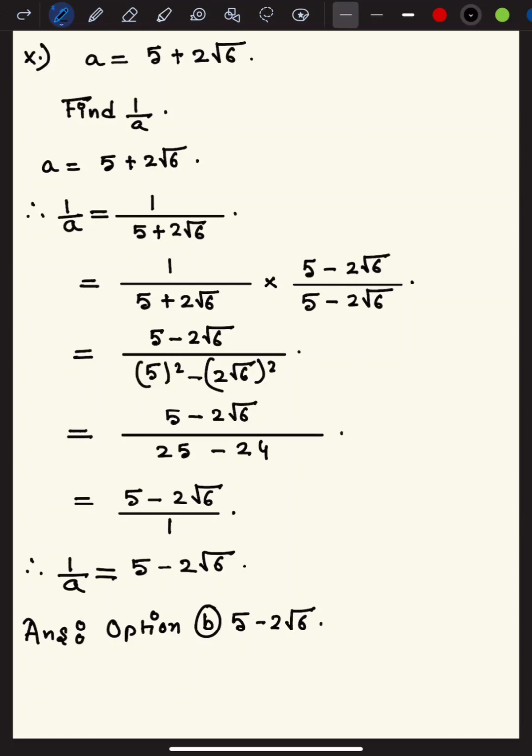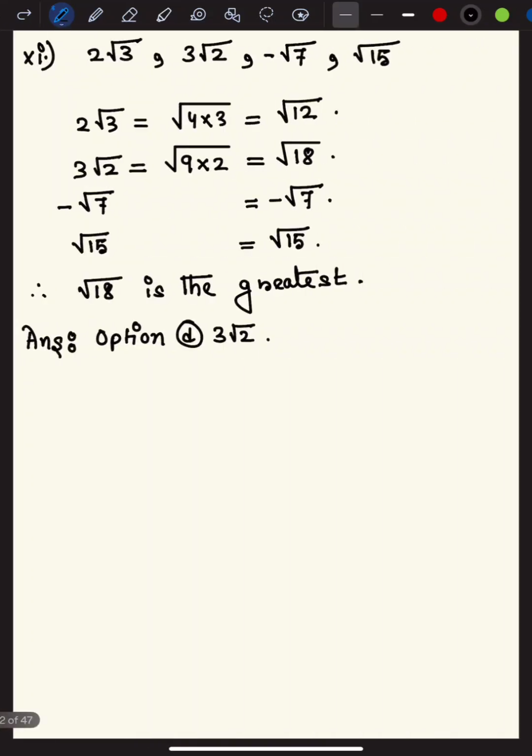Which is equal to 5 minus 2 root 6 will be the numerator, and the denominator becomes 5 square means 25, and this 2 root 6 whole square means 24. Got it? Which is equal to 5 minus 2 root 6 by 25 minus 24 is 1, which is equal to 5 minus 2 root 6. Therefore 1 by A equals 5 minus 2 root 6, which is option B. Got it?